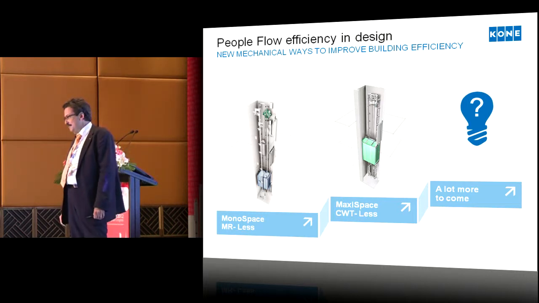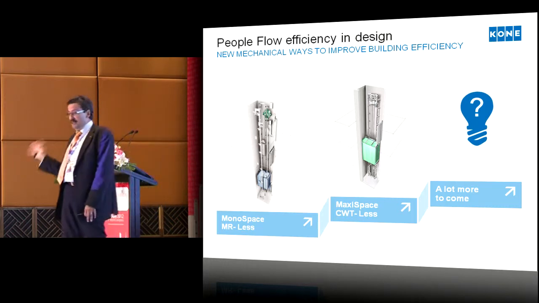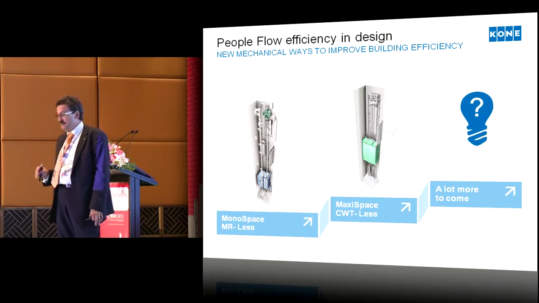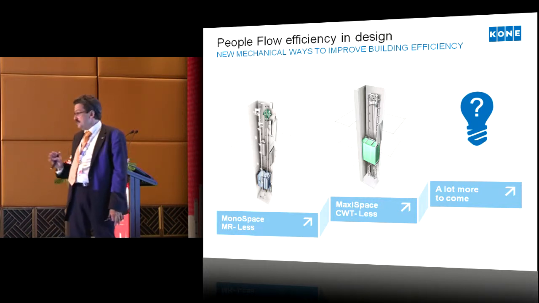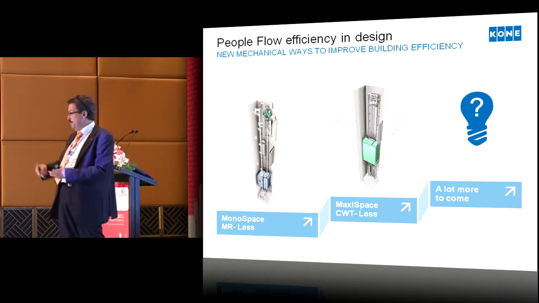Then we have systems in the future. Yeah, that little question mark. I can't answer that, of course, because then I'm in breach with the stock exchange. But there's a lot happening on that as well. And I can tell you there's a lot going to happen in building efficiency increase in the next couple of years. And it's not just us. I know one of our competitors just came out with 2 cars in the same hoistway moving separately.